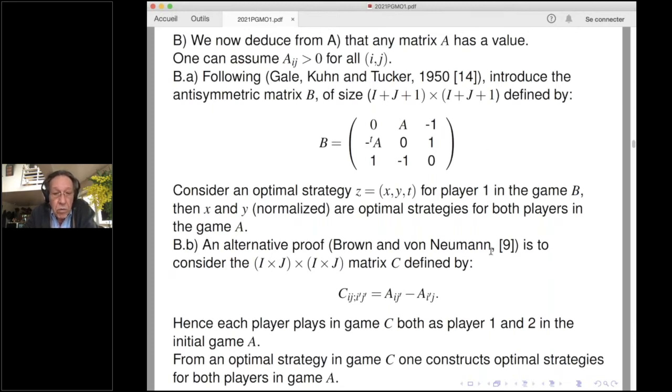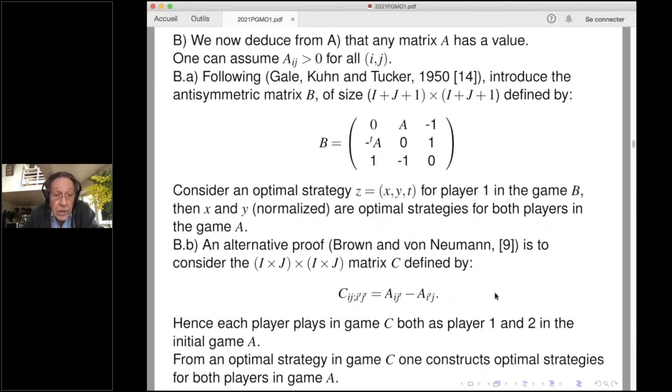An alternative proof, which was already in the paper by Brown and von Neumann, is to consider the larger matrix A cross G, times A cross G. So the set of strategies of player one is A cross G. And in this case, you play explicitly, simultaneously in both games as maximizing and minimizing. So I is the strategy that you play in the game A as player one if you maximize, and J in the game if you minimize.